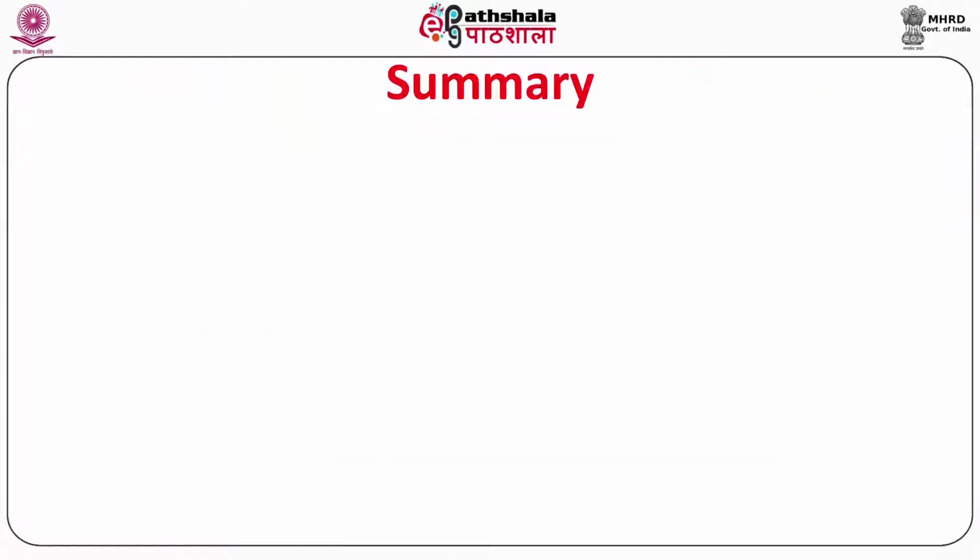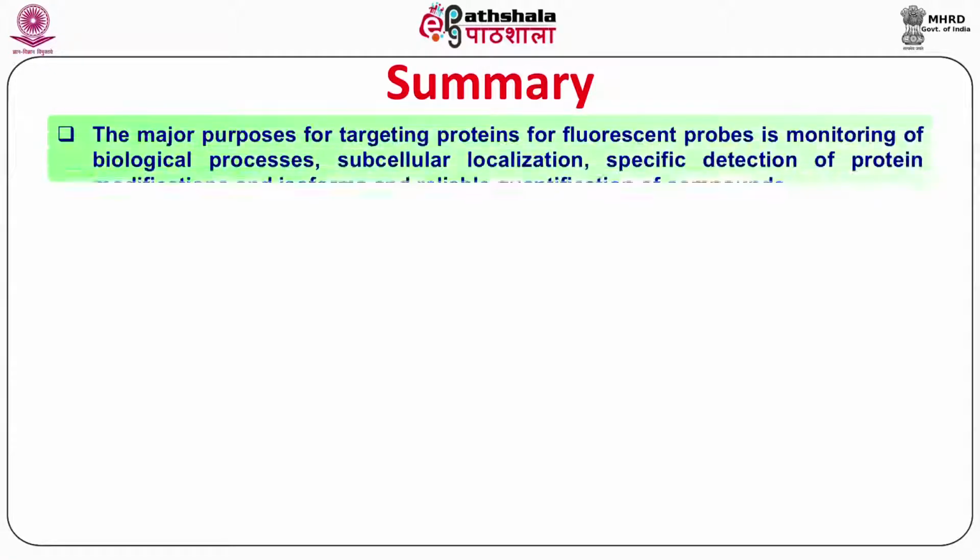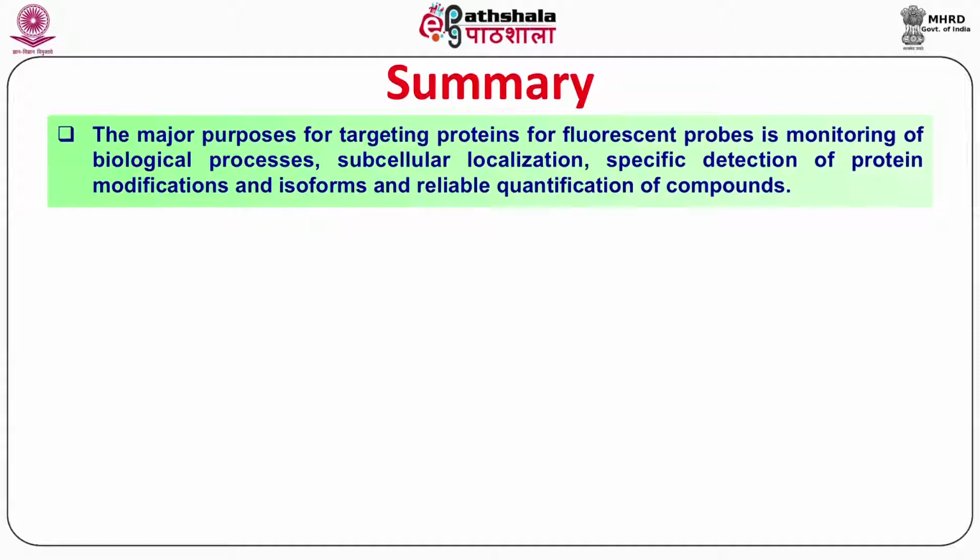So now let's summarize what we have discussed in this module. The major purpose of targeting proteins with a fluorescent probe is monitoring of biological processes, subcellular localization, specific detection of protein modifications and isoforms, and reliable quantitation of compounds.